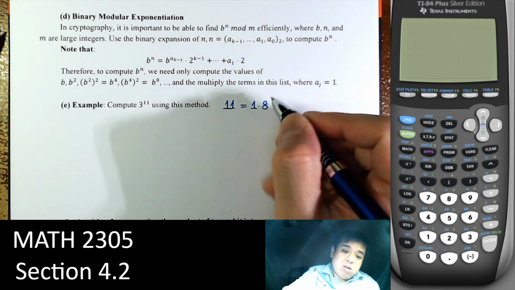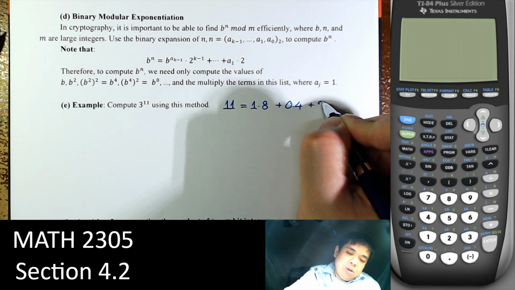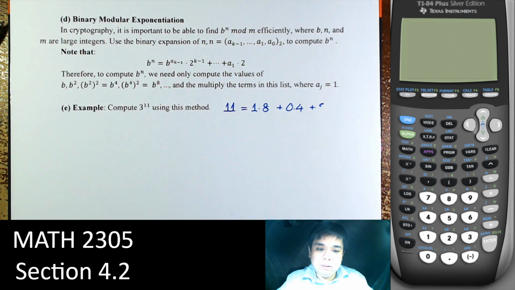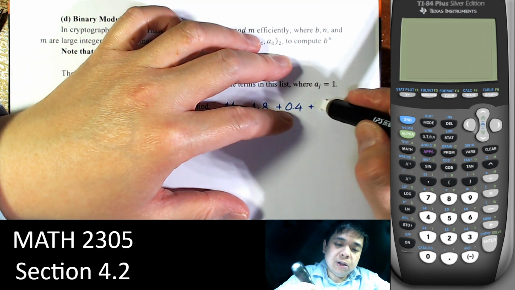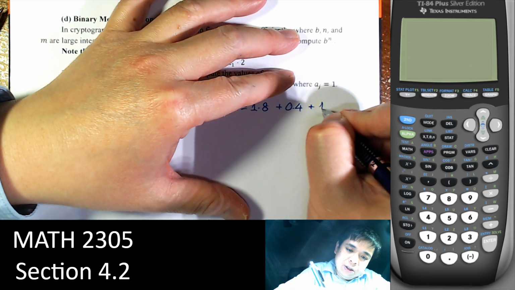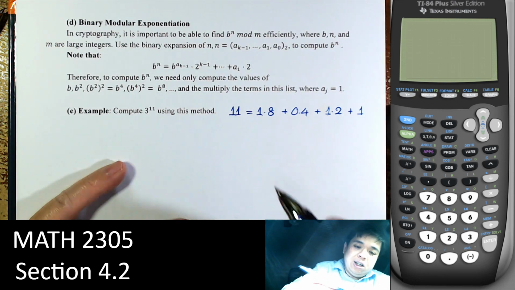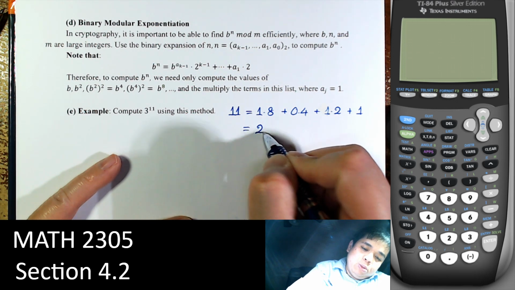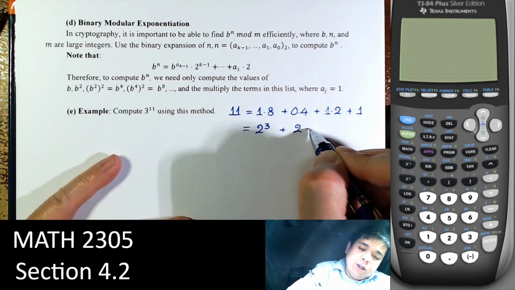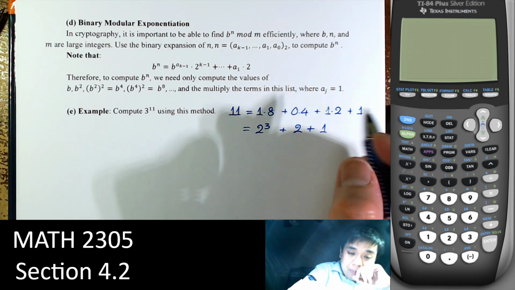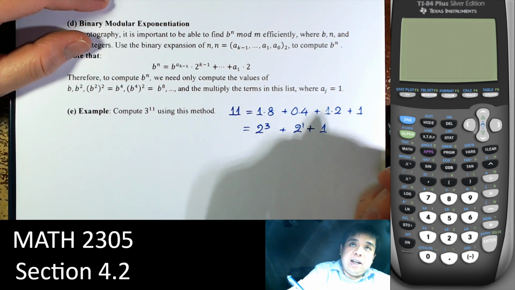Do we have any 4s? That will be 0. Then there's a 2, and then 1. So that is 2 cubed, 2, and 1. Keep that in mind.